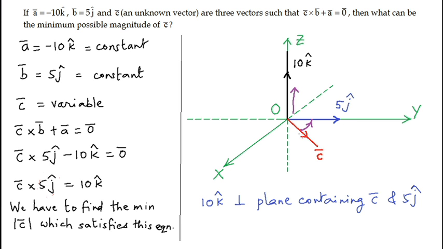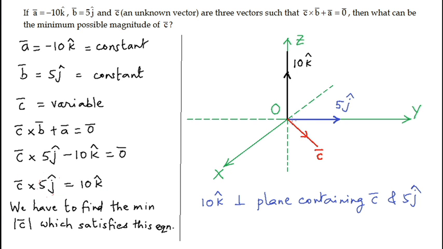In other words, the direction of C bar does satisfy the vector equation C bar cross 5j cap is equal to 10k cap. So we may have got the direction of C bar right.